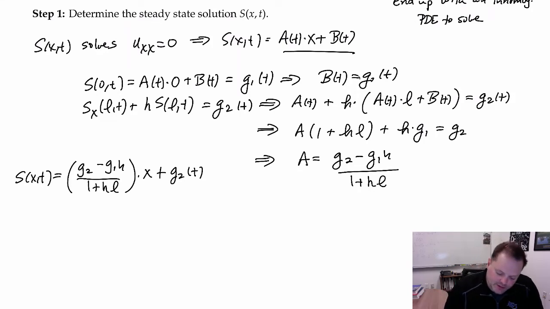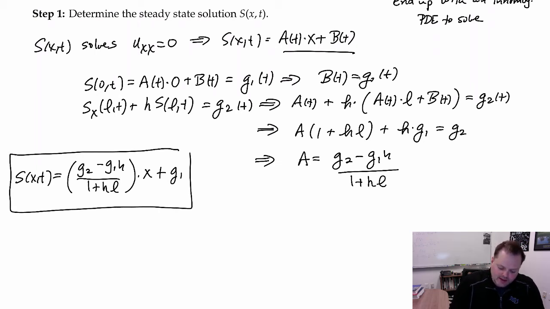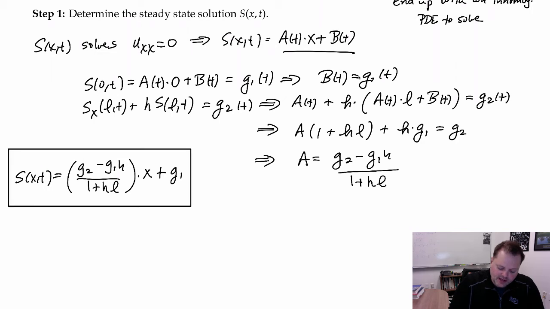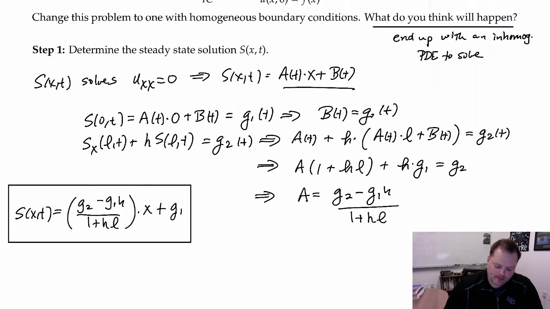No, g1 of t, excuse me, g1 of t. All right, so there is my steady state for this problem. Once again, it's a linear variation in x, but it is not constant with respect to time because g2, g1, those are all functions of time. So this is truly a function of both position and time.